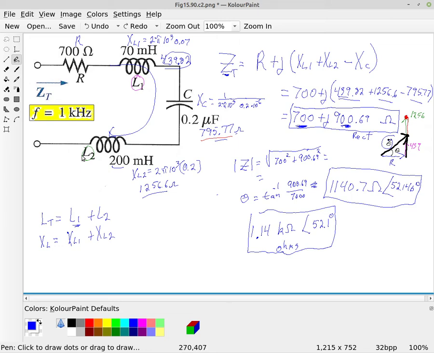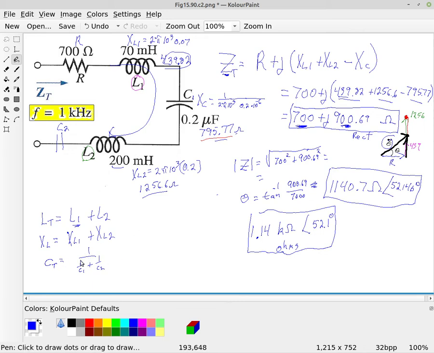So even if I had 2 capacitors, let's say I had a second capacitor over here, call this one C1, right? Capacitors add in series as 1 over C1 plus 1 over C2.